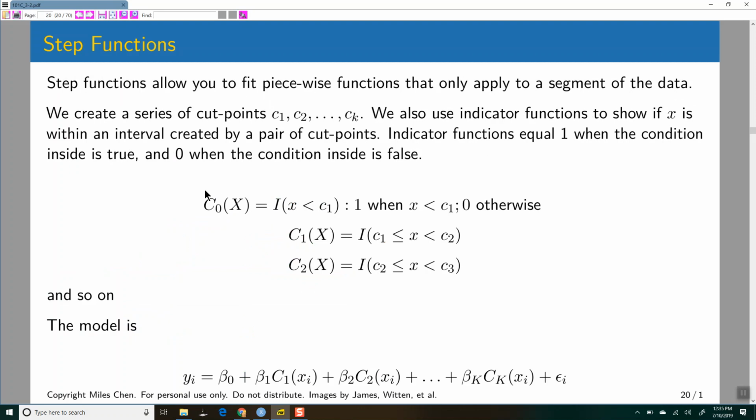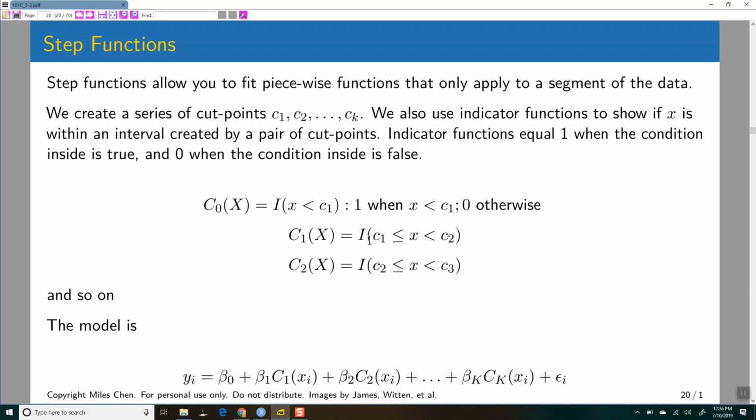We have these cut functions. Okay, and it basically says, this cut function is equal to 1 if this statement is true. So if x is less than the first cut point, it's 1, and it's 0 when it's not. Okay.